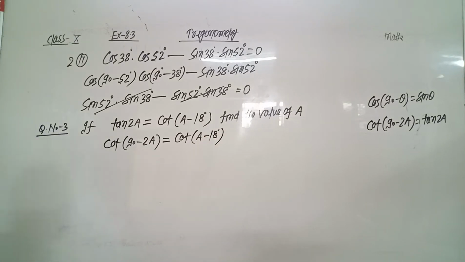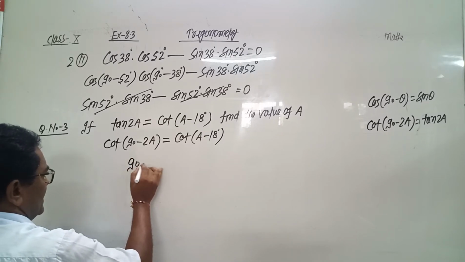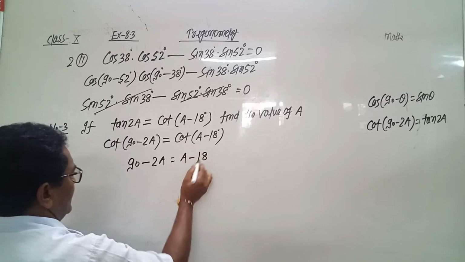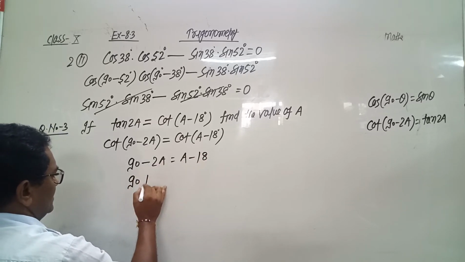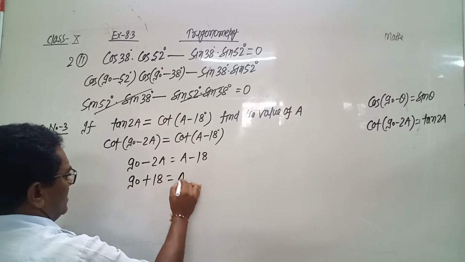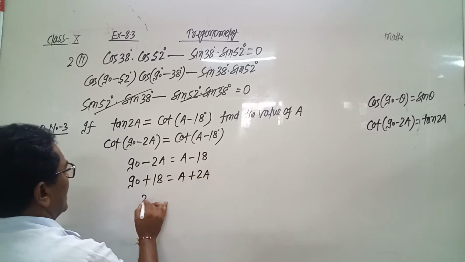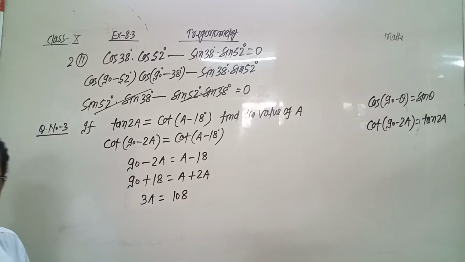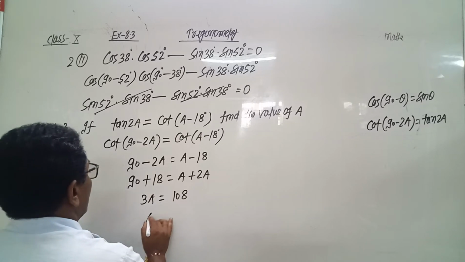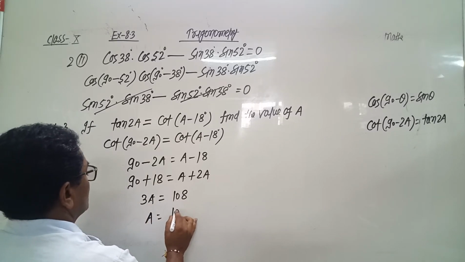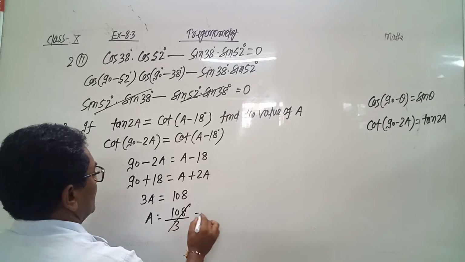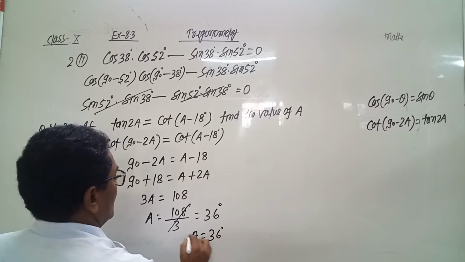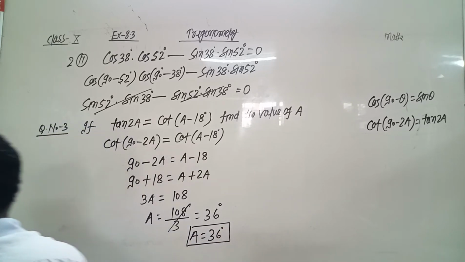Cot gets cancelled from both the sides and it remains 90 minus 2A equals A minus 18. Minus 18 will go on the left side. So 90 plus 18 equals A plus 2A, and 3A equals 108, and the value of A is 108 upon 3, which is 36 degree. So the result is A equals 36 degree.